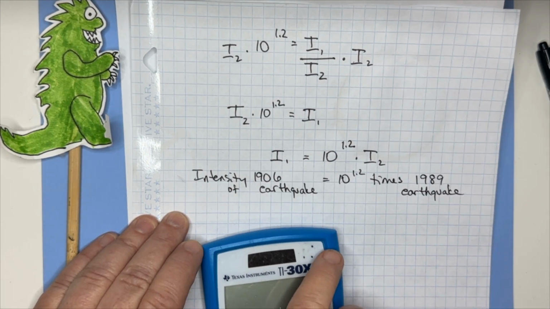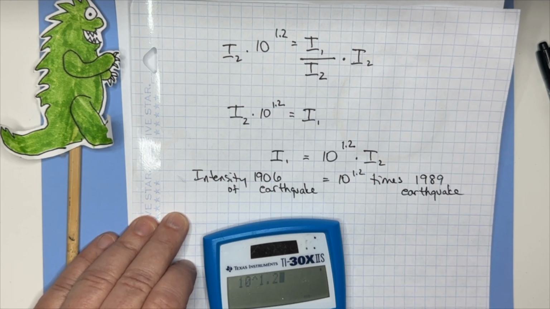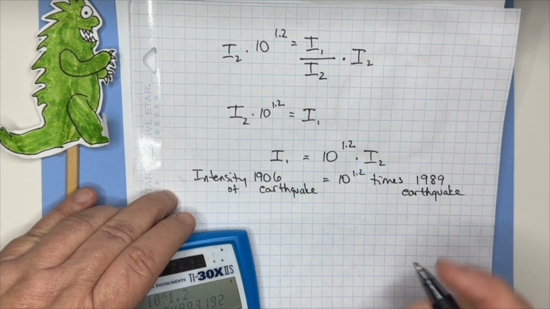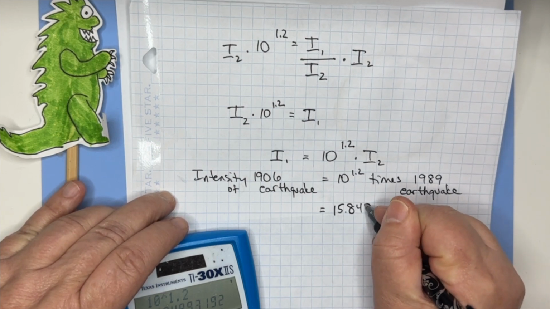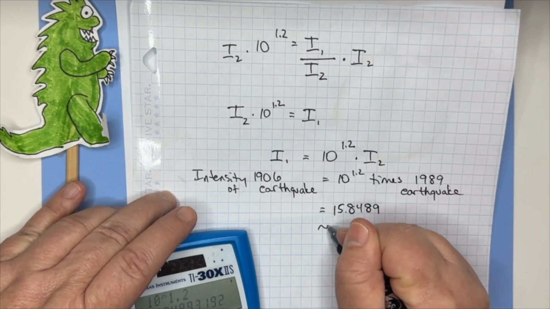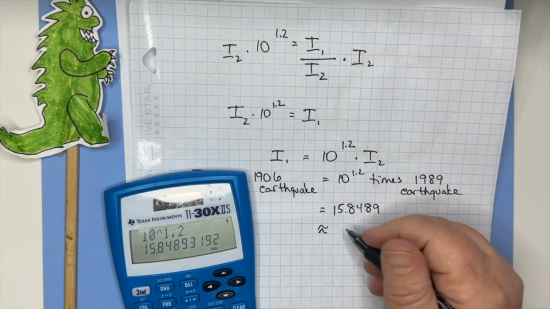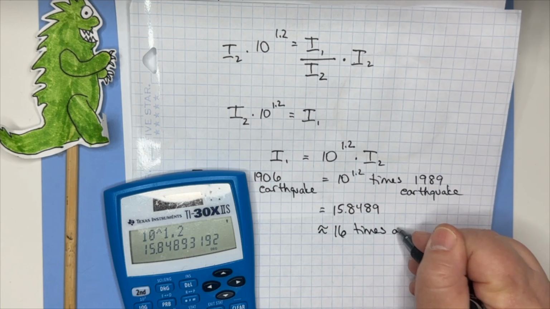So then I can just take a look. What is 10 raised to the 1.2? I can see that it's about 16 times the intensity.